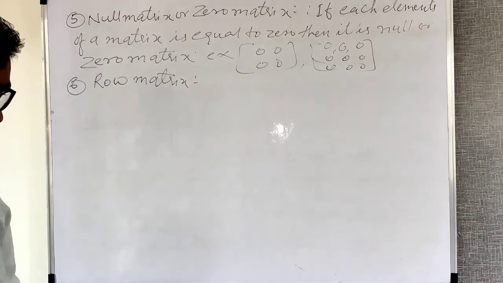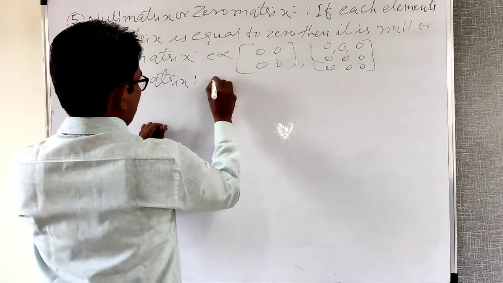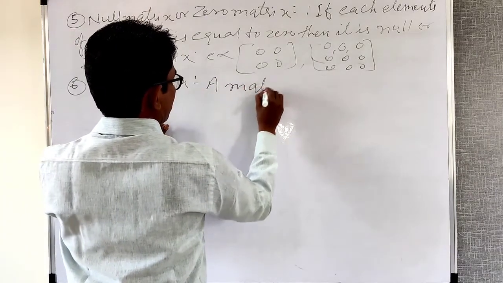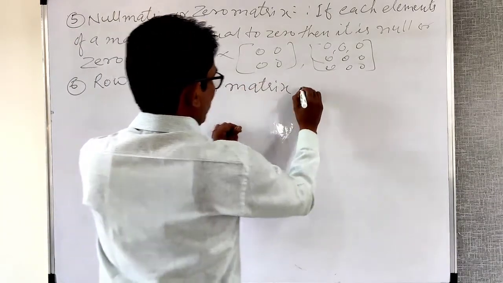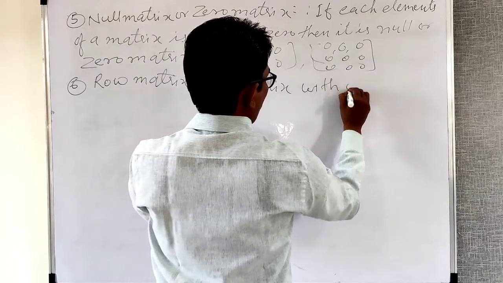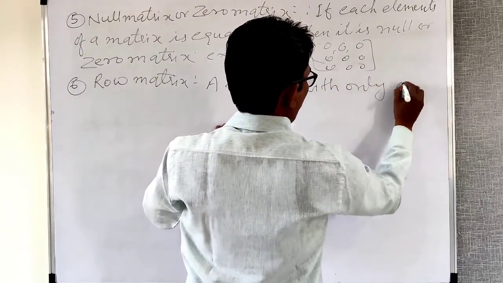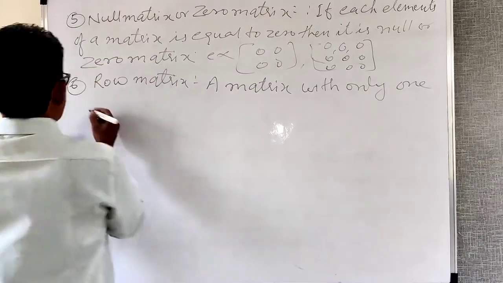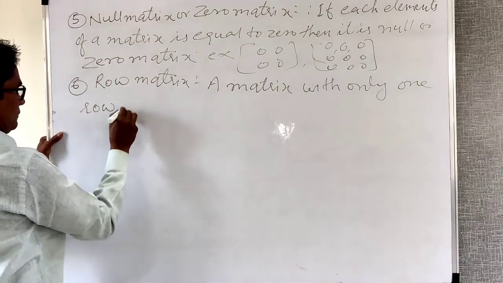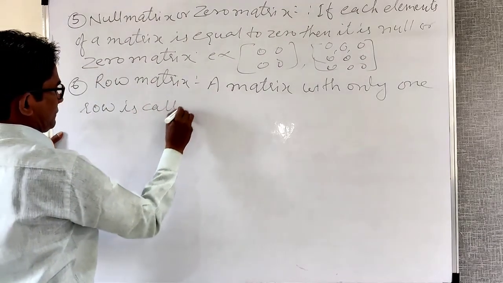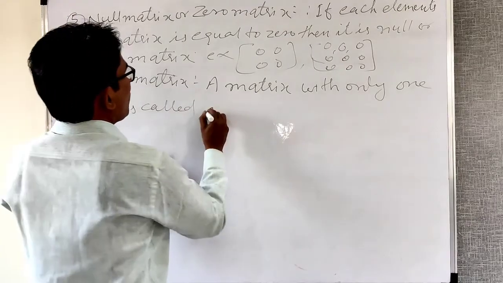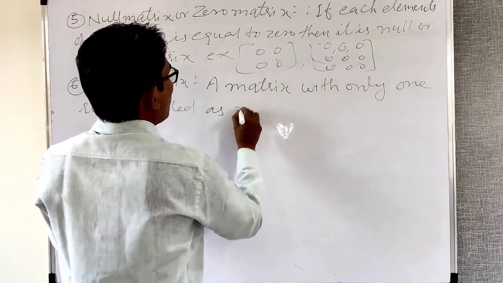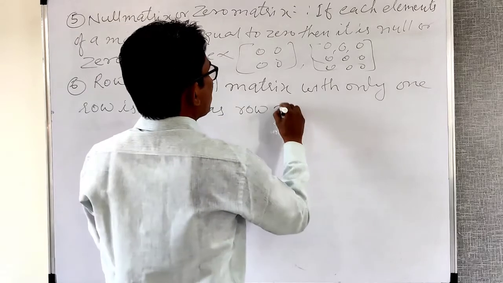The next, row matrix. A matrix with only one row is called a row matrix.